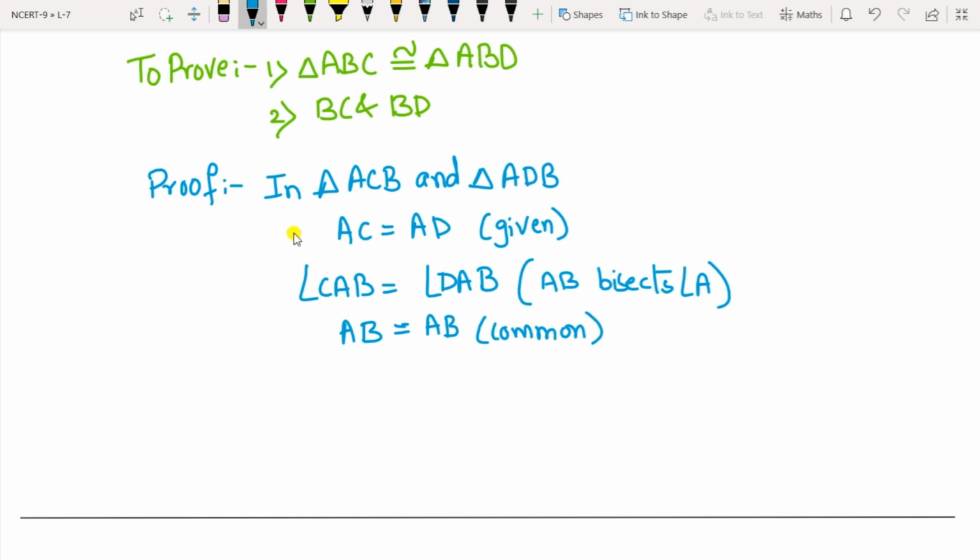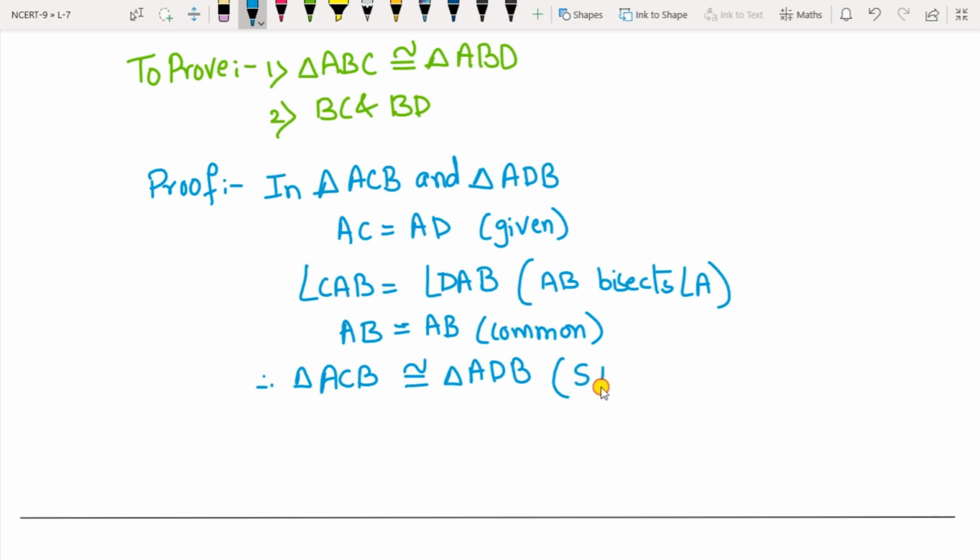Now three things we have proved, they are equal, three pairs. Therefore, triangle, whatever name you have written here, that same name you have to write, and instead of "and", now write the sign of congruency. ACB is congruent to triangle ADB, and write the condition by which it is congruent. This is side, angle and side.